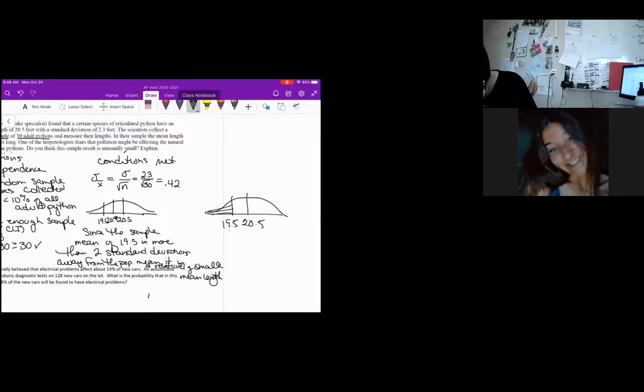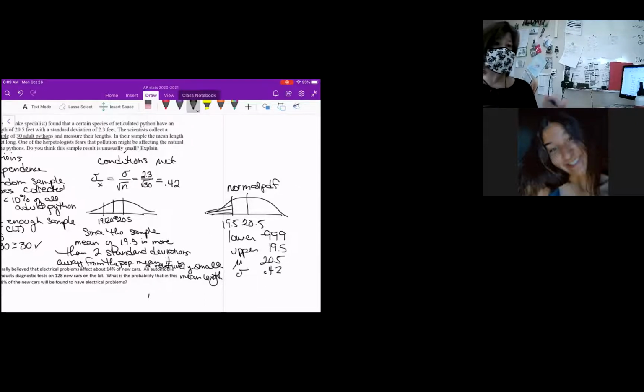So that means I can use a normal CDF to find that proportion, or the probability, I should say. My lower would be negative 999. My upper would be 19.5. My mean would be the 20.5, and my standard deviation is 0.42.